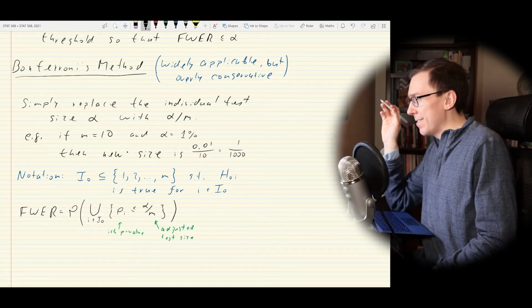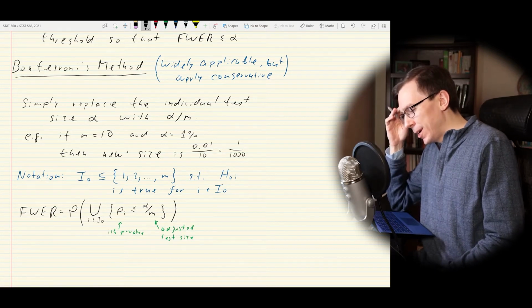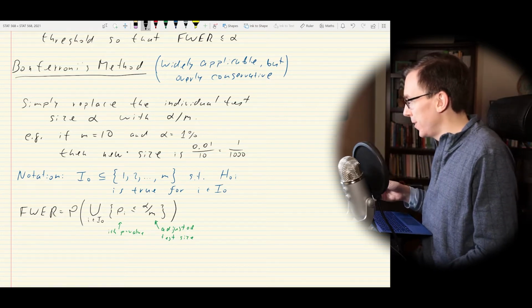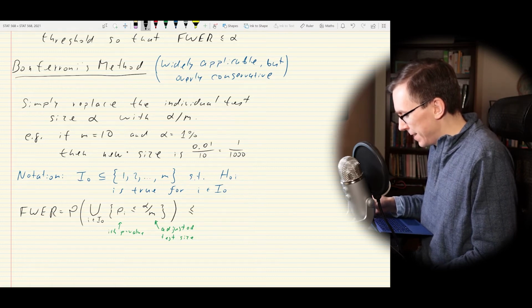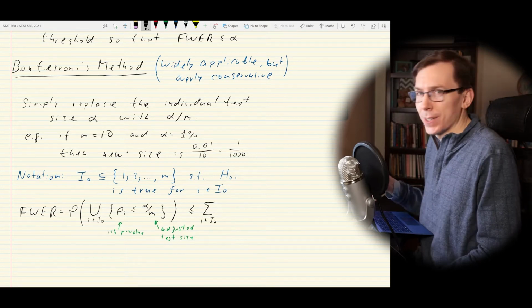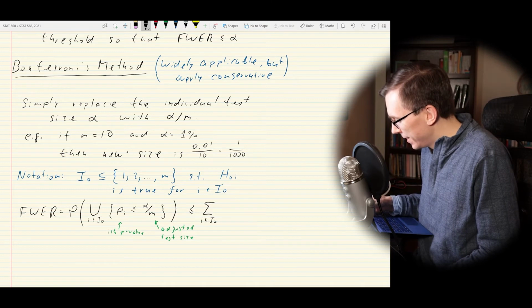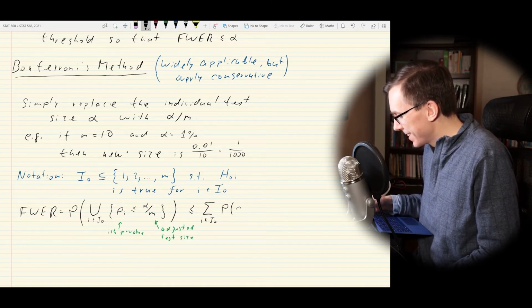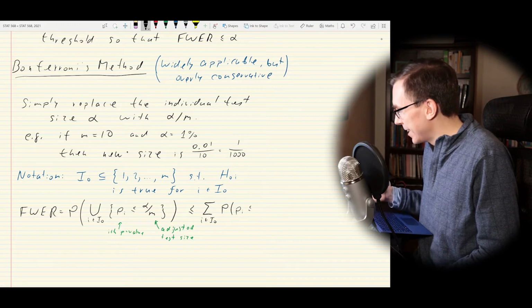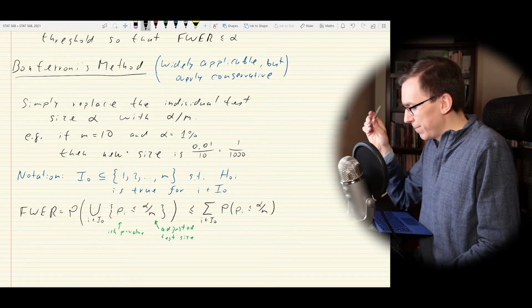Okay, so now that we have that, what do we do? Well, what we can do is use what's called Boole's inequality and replace this by a summation for i in I naught, basically turning the union into a sum, thanks to Boole, less than or equal to alpha divided by m.